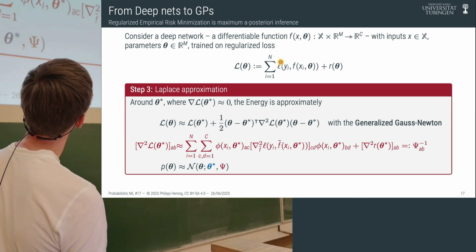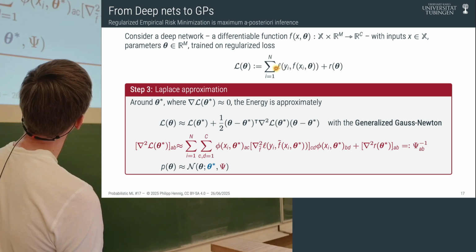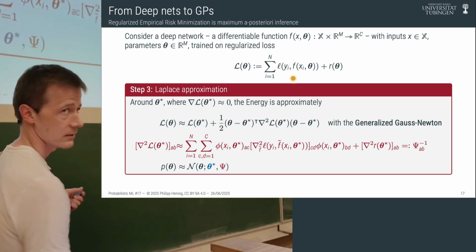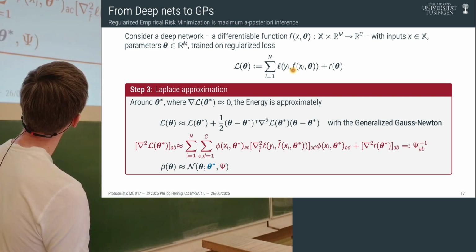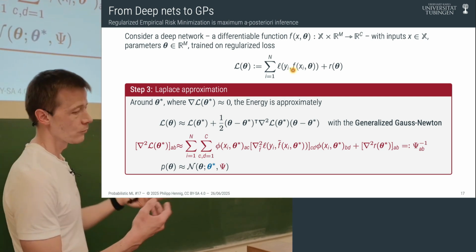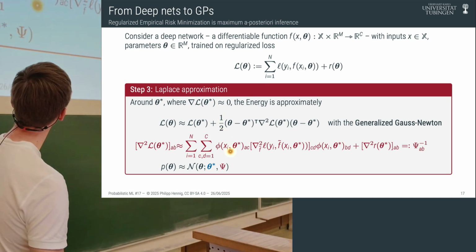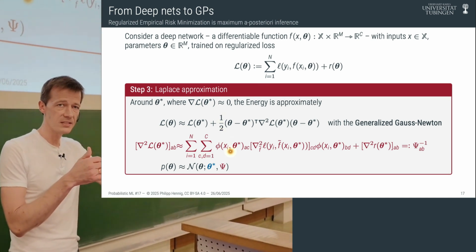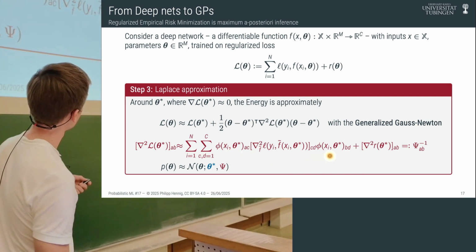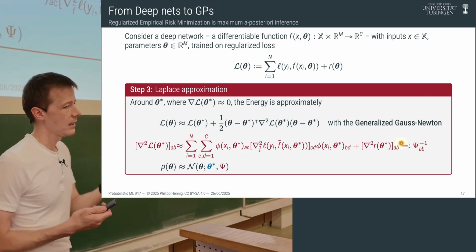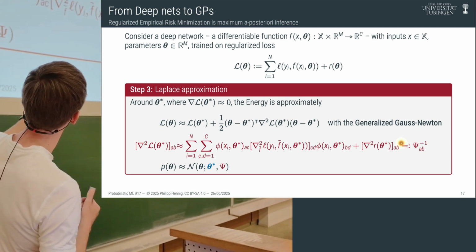Well, we'll get first the second derivative of the loss times the gradient of f with respect to theta. That will be our Jacobians, right? Sorry, not df d theta, but dl df, right?